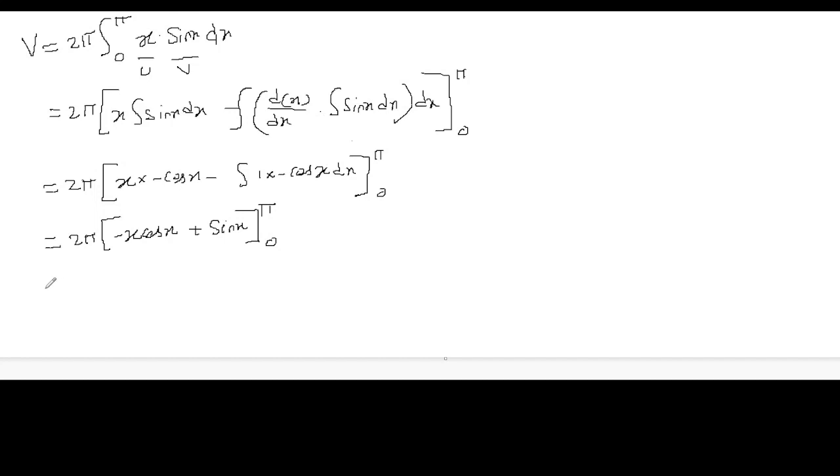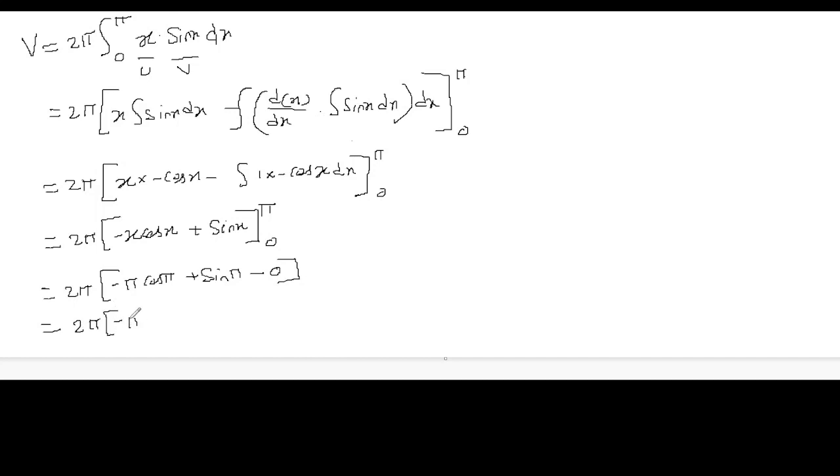Now we just need to put the values of the upper limit and lower limit. So 2 pi remains outside. The upper limit is pi, so it is minus pi cos pi plus sin pi, and at 0 this is 0 as well as sin 0 is also 0. Now put the value, 2 pi.